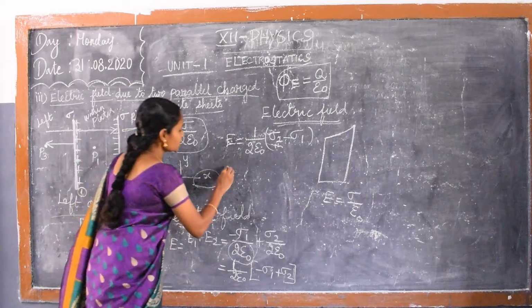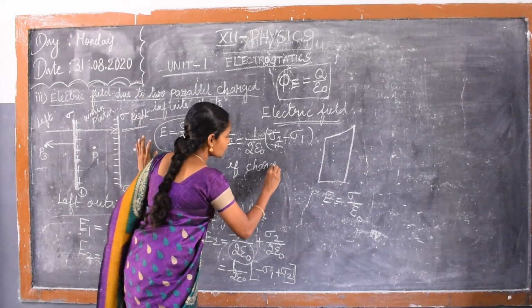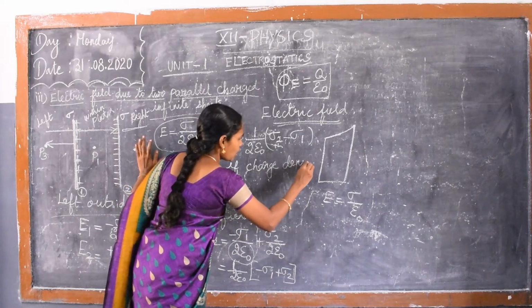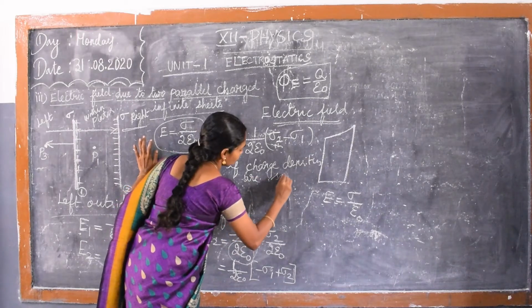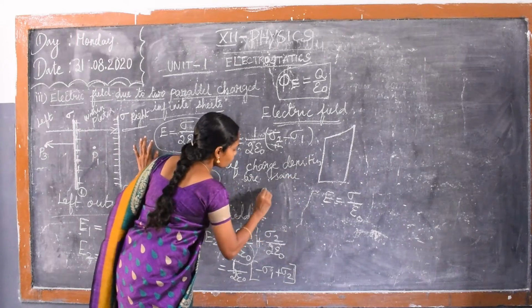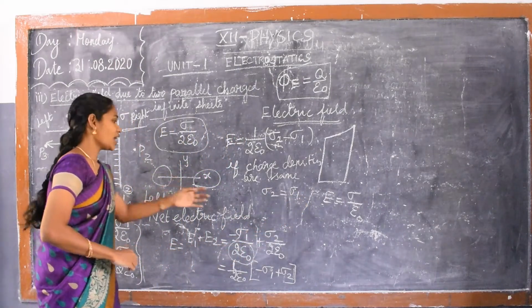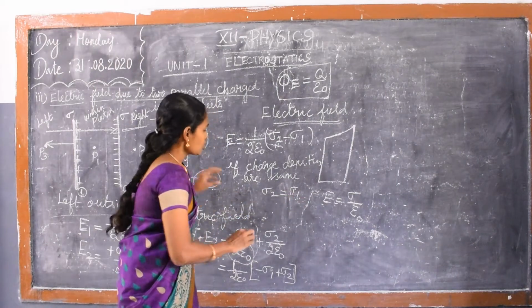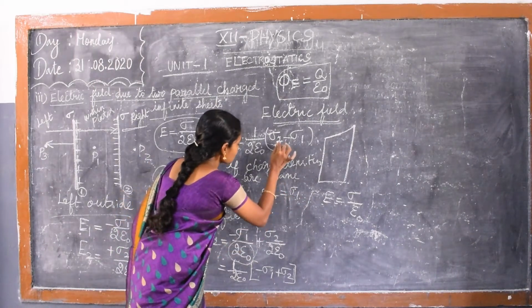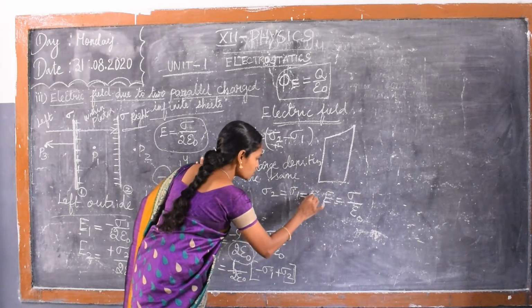Okay, now we are going to apply the condition. What is the condition? If the charge densities are same, that is sigma 2 is equal to sigma 1. Suppose sigma 2 is 5, sigma 1 is also 5. So instead of sigma 2 and sigma 1, we simply put sigma.